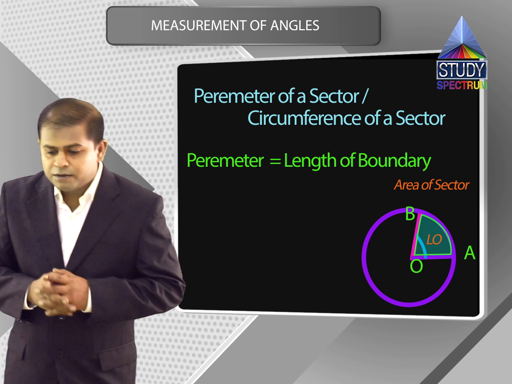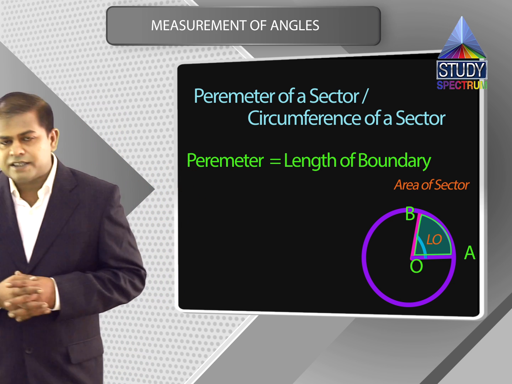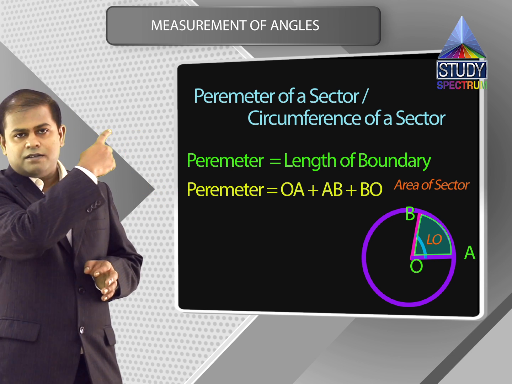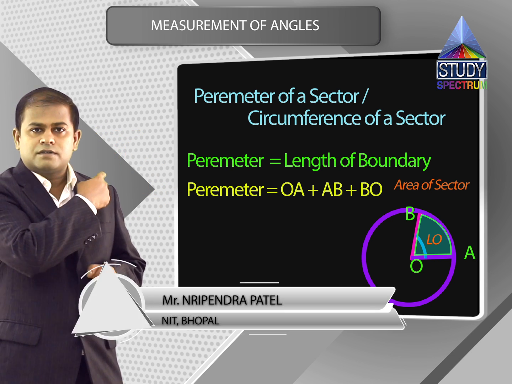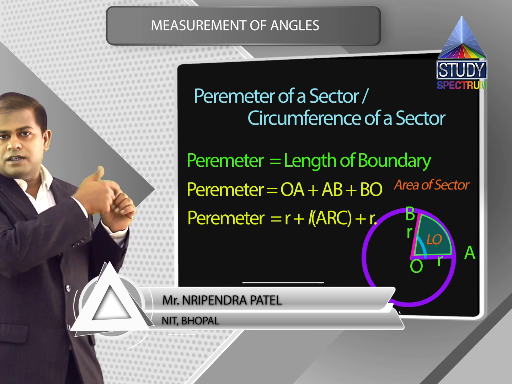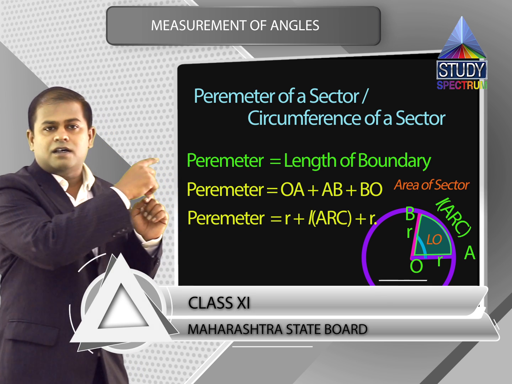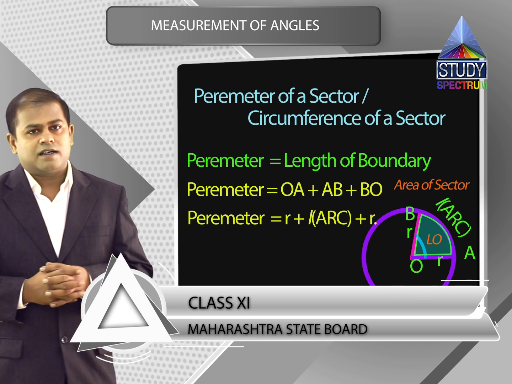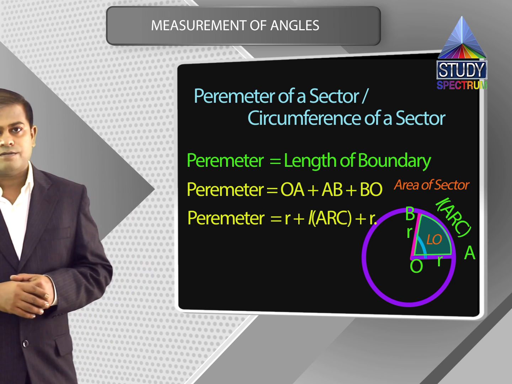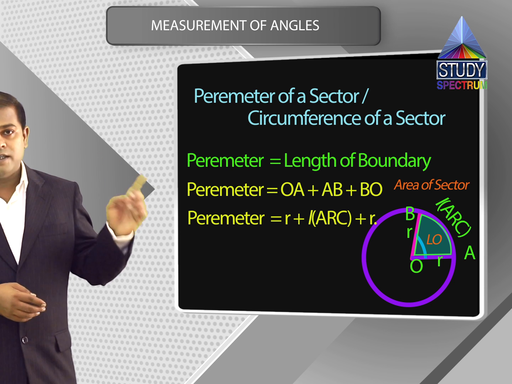So the perimeter of the sector, or the circumference of the sector, is in this case OA plus AB plus OB, right? OA and OB are radii, and AB is arc.